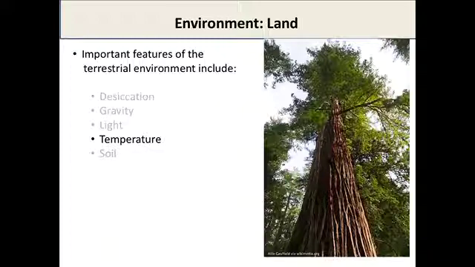The next thing to talk a little bit about is temperature, kind of associated with light, but not all. Similar to desiccation and the need to conserve water, adaptation to temperature is one of the key constraints that restricts or delays the colonization of land by aquatic organisms.